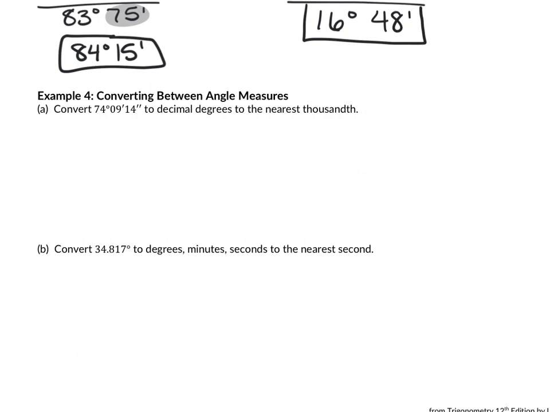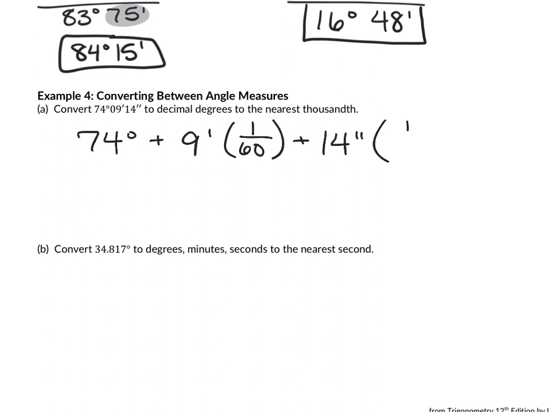That means we're going to take the degrees times nothing because we want it in degrees. We're going to take the minutes, which is 9 minutes, and we're going to multiply it by its scalar to make it a degree, which was 1/60th of a degree. And then we're going to add the seconds and multiply by its scalar to a degree.